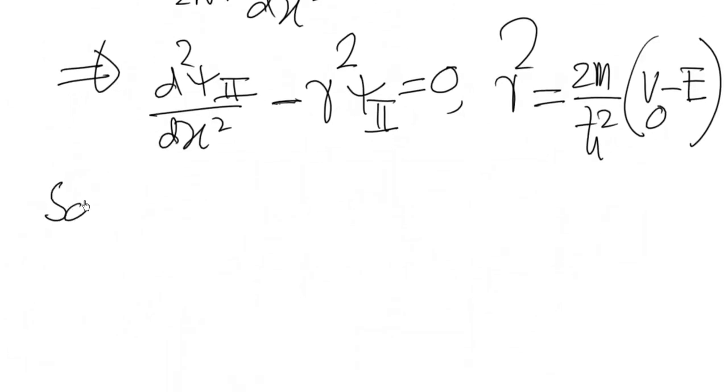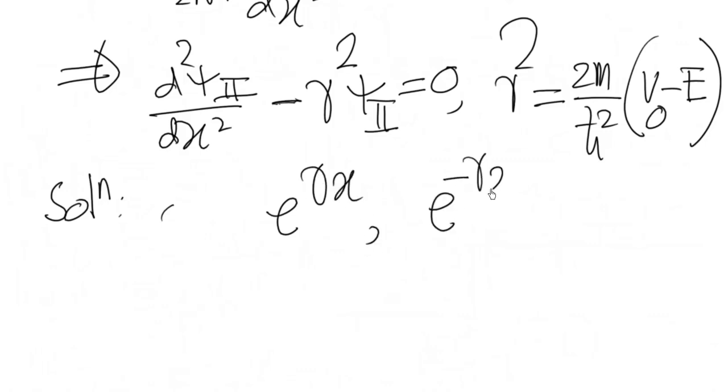Now there will be two solutions. One is e to the power gamma x and another is e to the power minus gamma x. These are exponential waves. But the first solution will be discarded because it will not satisfy postulate 1 of quantum theory.